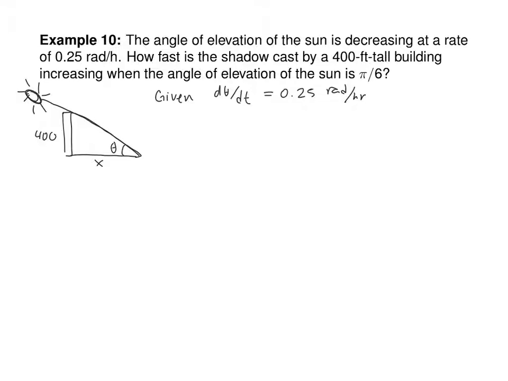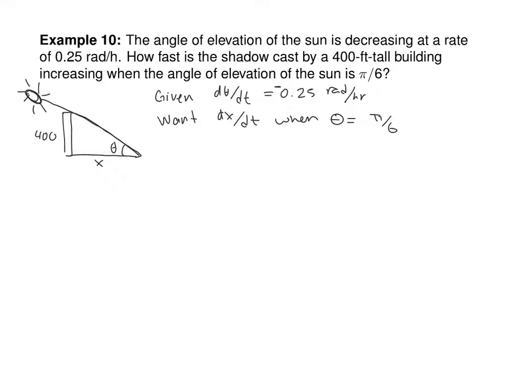Okay, and what do you want? And it is, yes, sorry, it is negative. Yep, you do have to incorporate that because it is going down. Does that make sense? The angle is getting smaller. You want dx/dt when theta equals pi over 6. Okay.